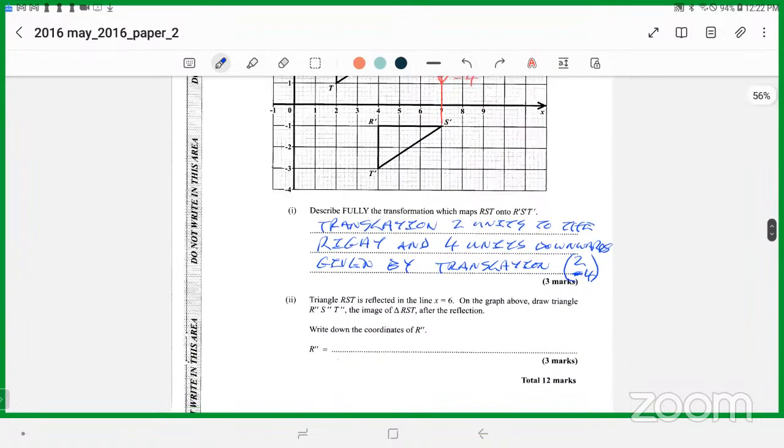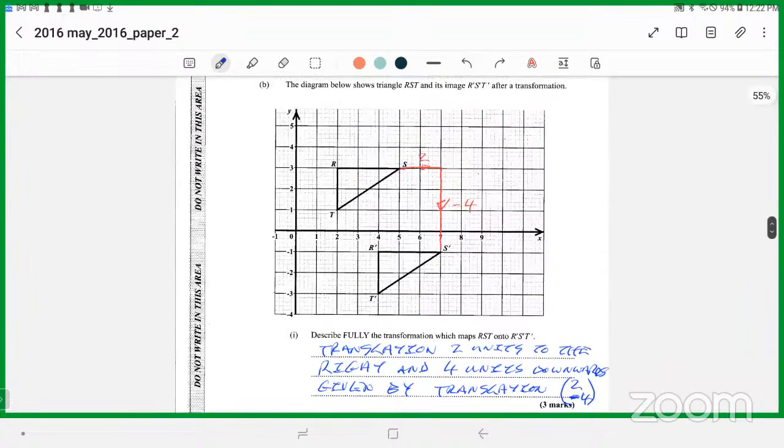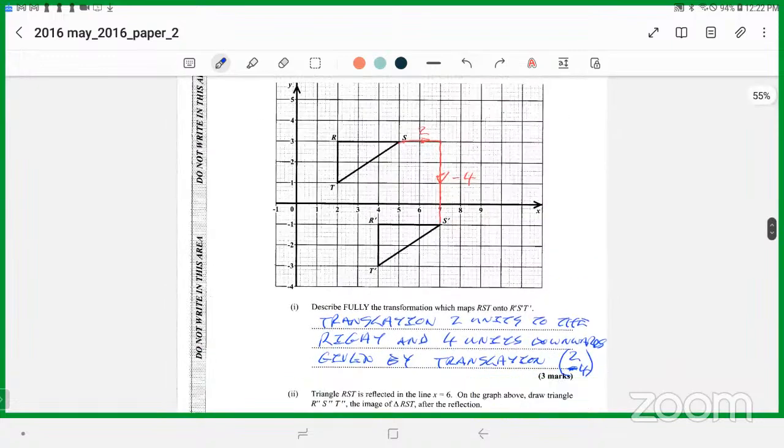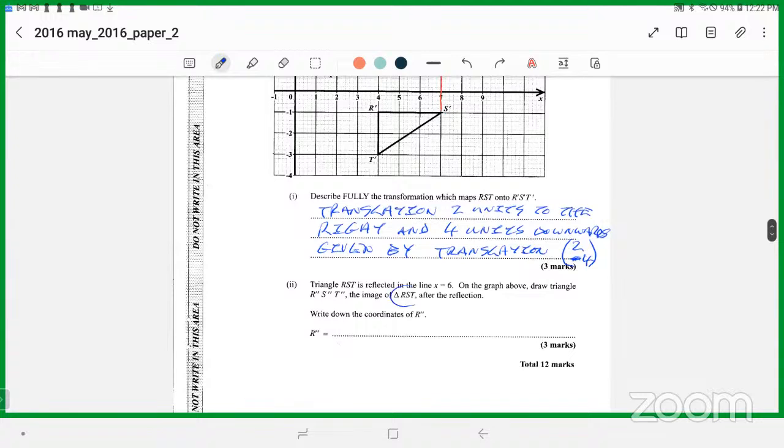Then it says triangle RST is reflected in the line x equals 6. On the graph, draw triangle R double prime, S double prime, T double prime, the image of RST under this reflection, and write the coordinates of the point R double prime. So this is the original triangle, reflected in the line x equals 6.